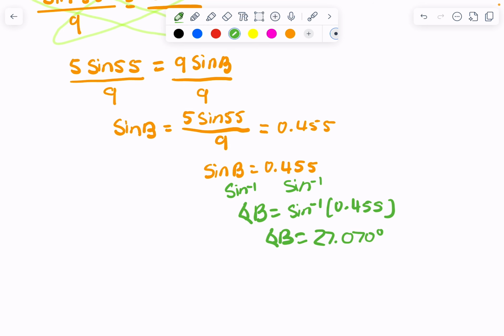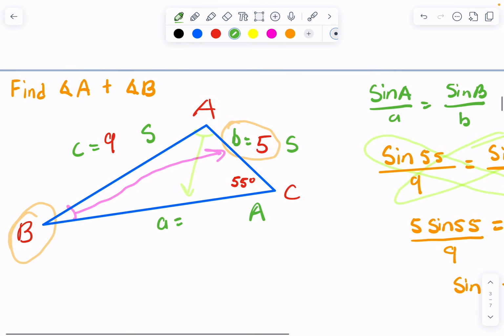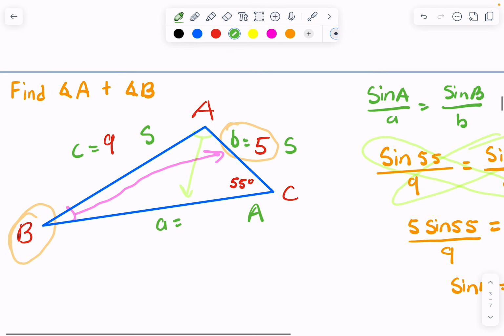So this is angle B, and that means there are 2 different angles that you could find. It's basically when angle B flips itself.